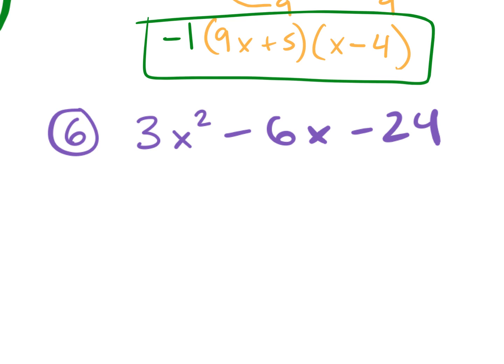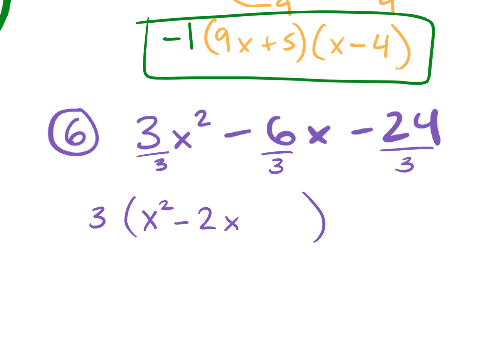We can divide out a 3. So we take out a 3. What are we left with when we divide out a 3? x squared minus 2x minus 8.